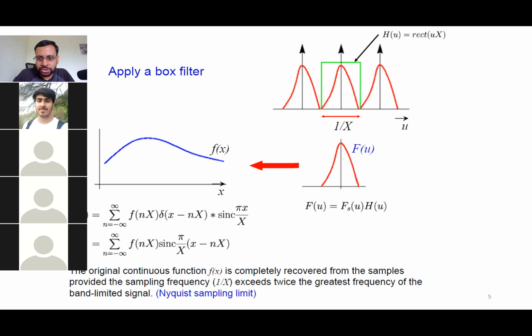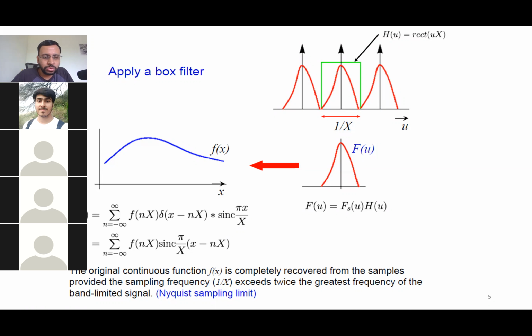So what should this rect function be? He's taking it as, let's say, 1 by X itself, one whole copy of it. If you write it in terms of a rect function, it is rect of kx into x, so it goes from minus 1 by 2x to 1 by 2x. Wherever u is there, use k subscript x. Then you are multiplying it with the rect function.